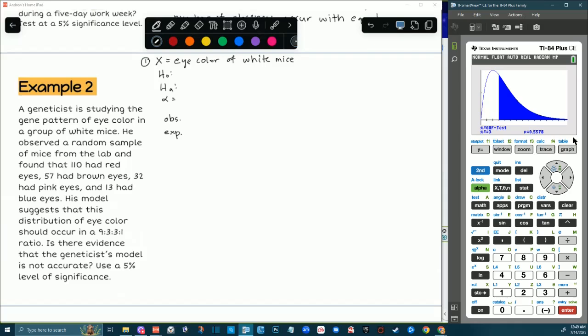We know for the null, we want the distribution of eye color occurs in a, and then they stated a 9:3:3:1 ratio, or the distribution of eye color does not occur in that ratio.